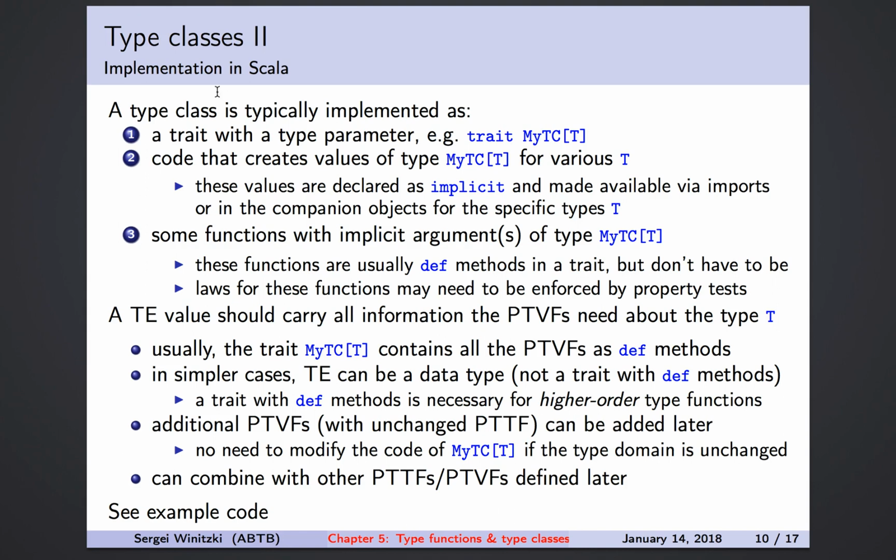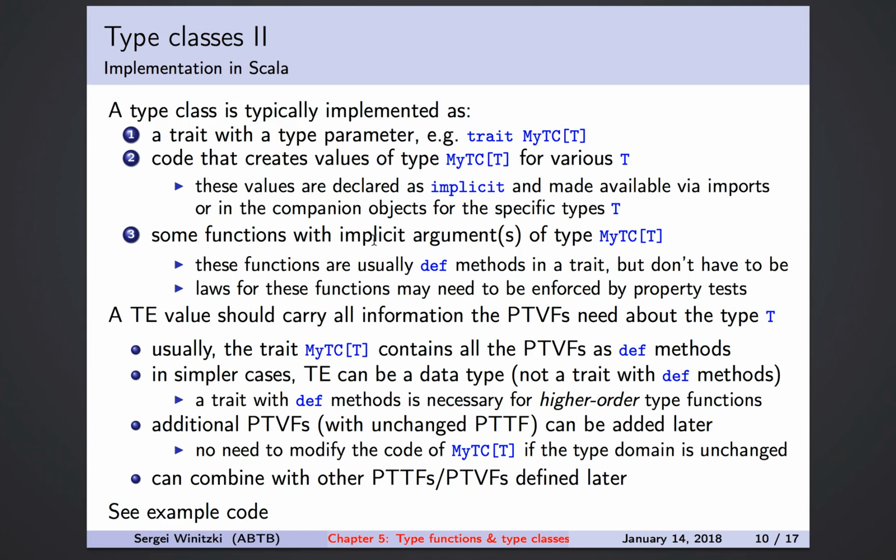So typically in Scala, you create a trait with a type parameter, like this. Then you create code that makes values of this type for various types T. All these values are declared as implicit, and somehow you make them available for user code, either via imports or put them into companion objects for the types T, which is quite convenient, because then you don't need any imports.